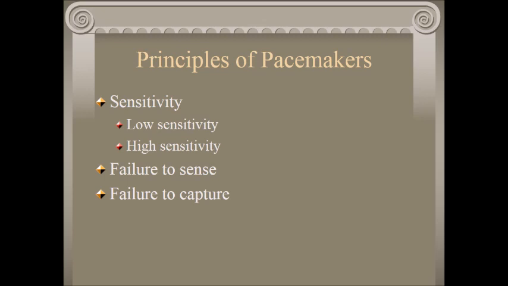Two problems that can happen with pacemakers are failure to sense and failure to capture. With failure to sense, the pulse generator does not sense the patient's own rhythm and does not inhibit itself from firing.